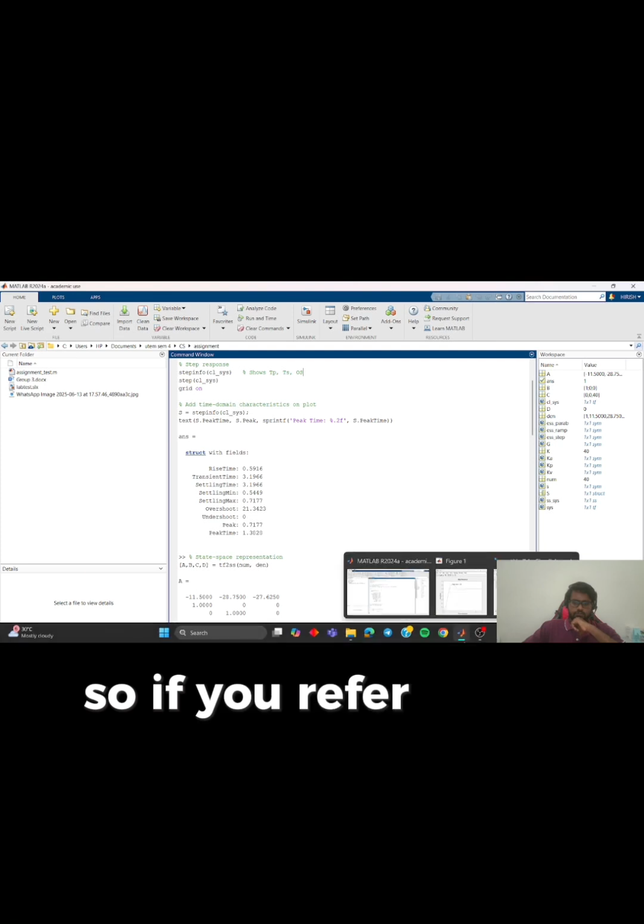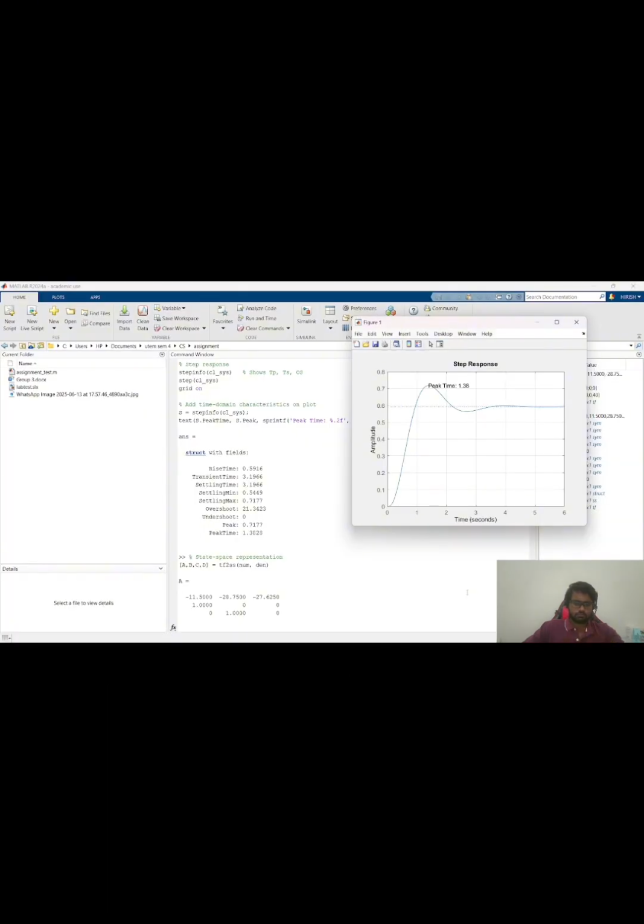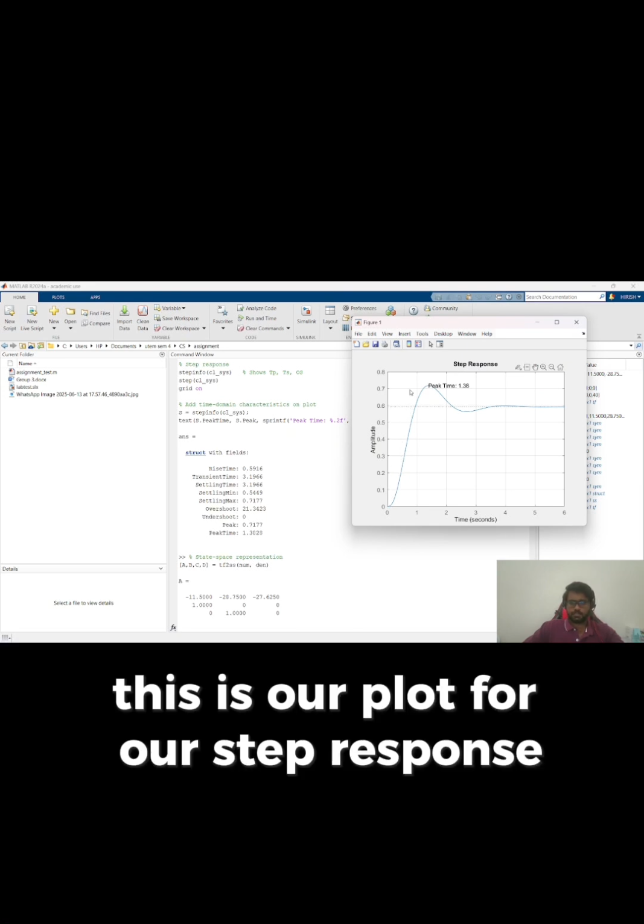If we refer to the graph, this is our plot for the step response.